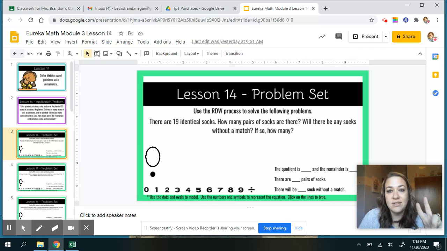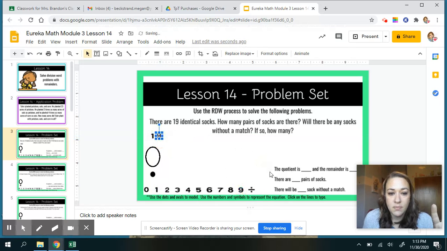If I have 19 socks and it's asking me how many pairs there will be, our division problem will be 19 divided by 2. So how many groups of 2 can I make if I have 19?